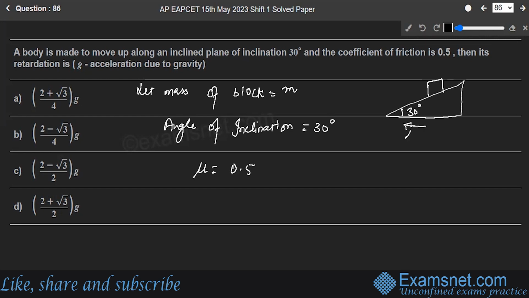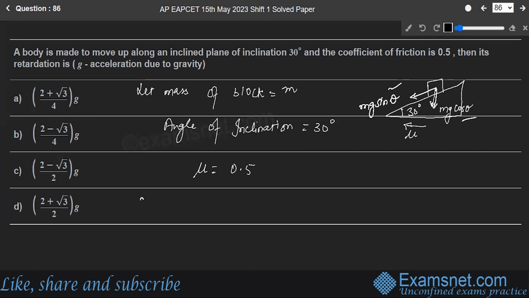Friction is acting in this direction and you have two force components in the downward direction, that is mg cos theta, and in this direction, you have mg sin theta. So these are the two directions in which they are acting.